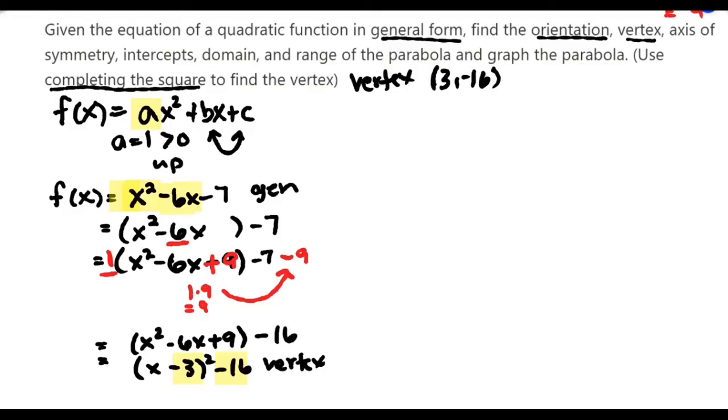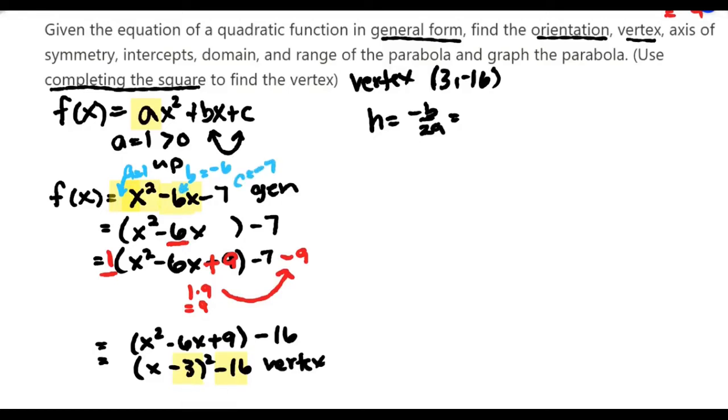Now there's an alternative way to find the vertex, and that's using a vertex formula. And the vertex formula is that the x-coordinate of the vertex is -b over 2a. And for our function, a would be 1, and b would be -6, and c is -7.